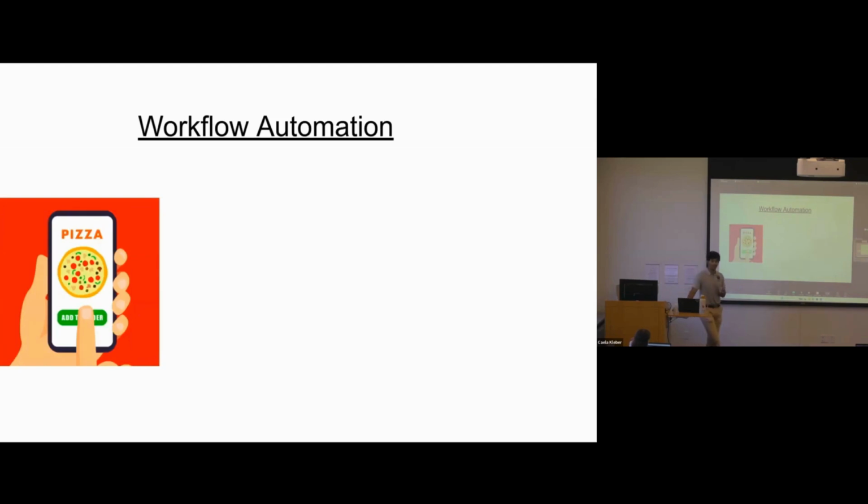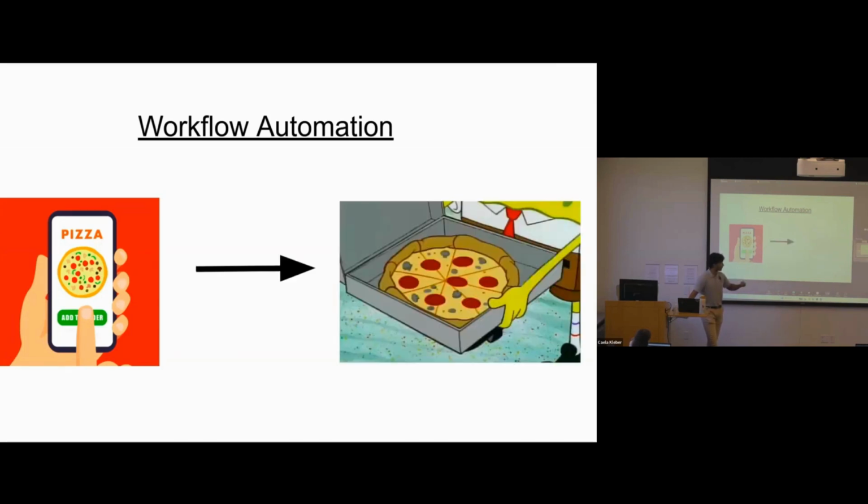Every step that it takes after you order a pizza, after hitting click, to when you actually receive your pizza is a representation of workflow automation. The notifications that you get, the authentication of the payment that you made, the time that shows on the app letting you know how long till you get your pizza. All of that's deeply automated because software is able to do those steps better than any human ever could.